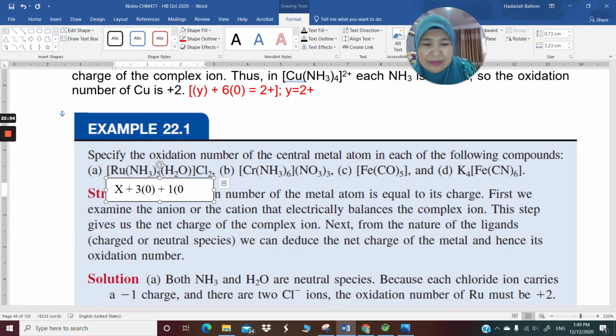Cannot type, okay? So that is in the square brackets. I just want to show you how the calculation is done.